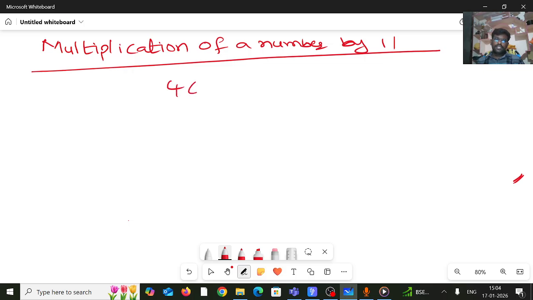Take 30, right, multiplied by 11. How many ones are there here? 2. We have to move 2 steps. First one, counting, and then 2 steps.